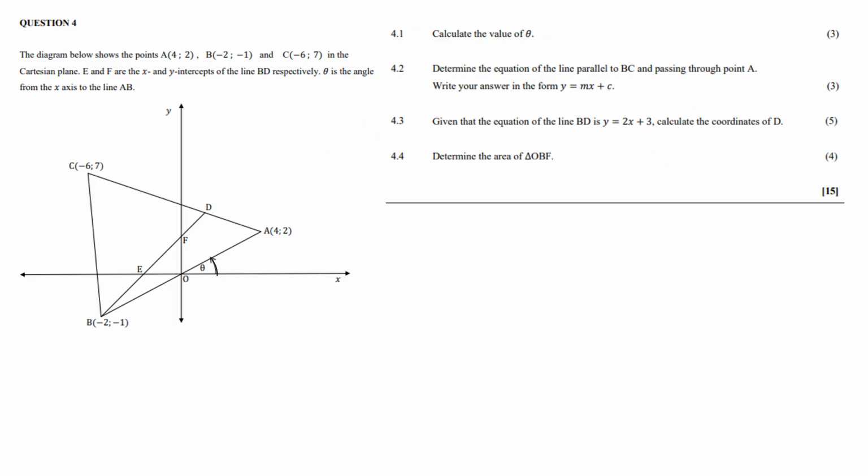So I think it's best if we highlight that part. In order for you to calculate angle theta, you need the gradient of AB. So now we need to calculate the gradient of that AB. Then we're going to use the formula y2 minus y1, and everything is divided by x2 minus x1.